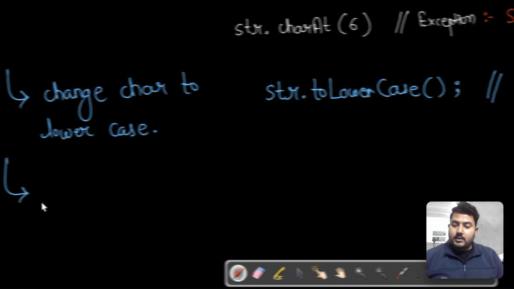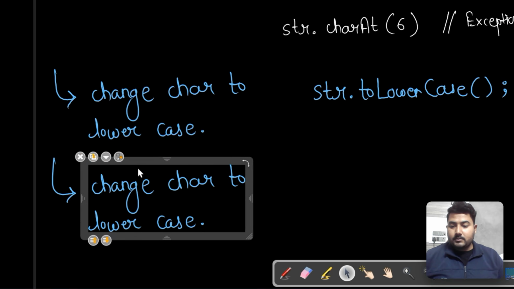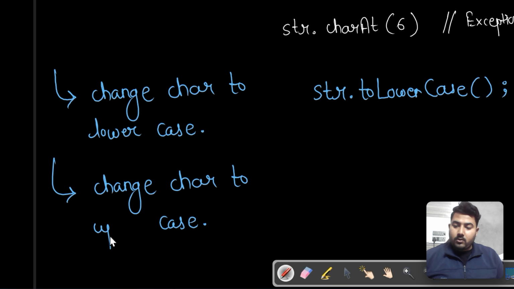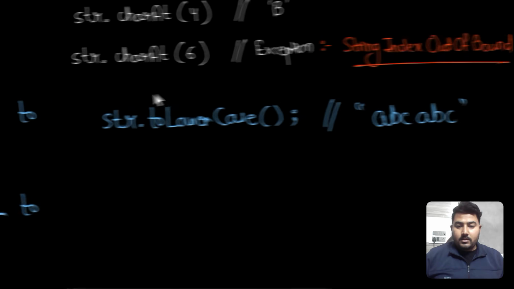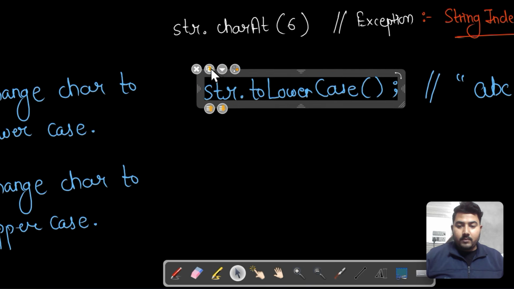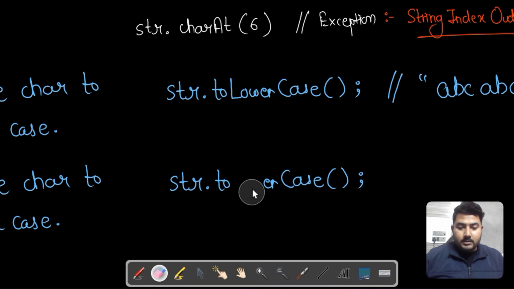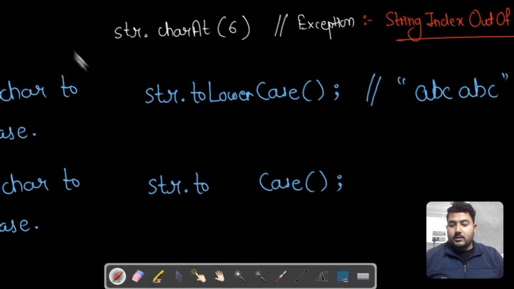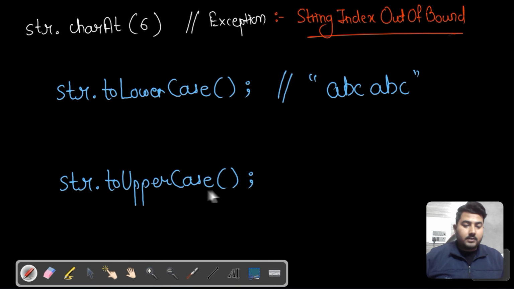And I think it is very obvious that if I wanted to change all the characters to uppercase, then I again have one inbuilt function, and I hope its name is also very obvious. That is str dot toUpperCase.